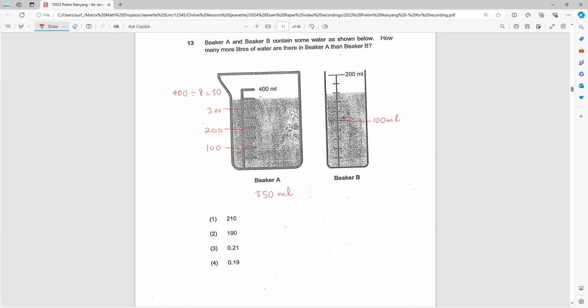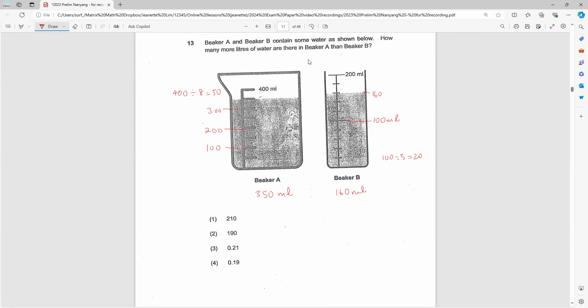Between 100 to 200, 1, 2, 3, 4, 5. 5 intervals means each interval will be 100 divided by 5, which is 20. So this over here will be 120, 140, 160. So 160 ml.